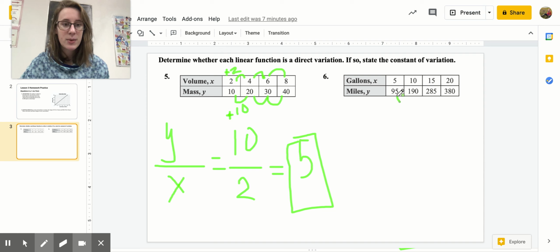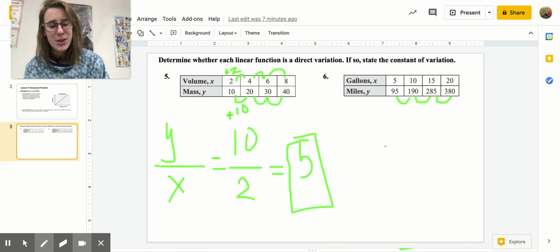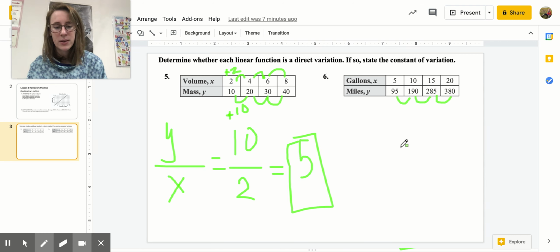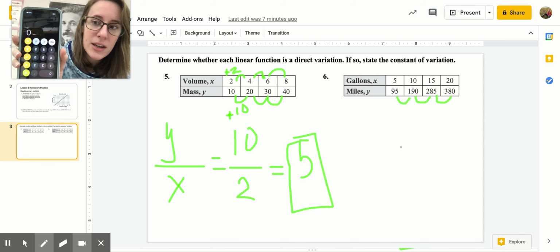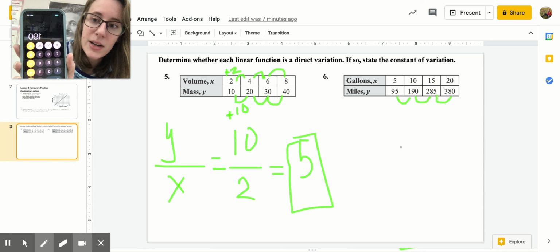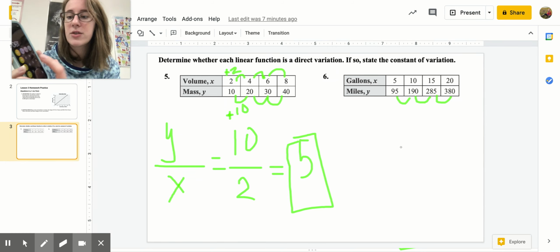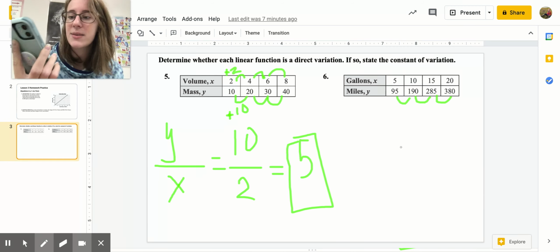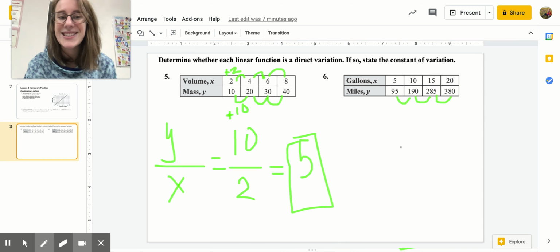Same thing for number 6. We're going to check out how much we are increasing to get from each of these. One of the tricks you can do is on your calculator, even on your phone calculator at home: if you want to see how much you add to 95 to get to 190, start with your 190 and subtract 95 from it. That's backwards, but that's all right. And it is 95.